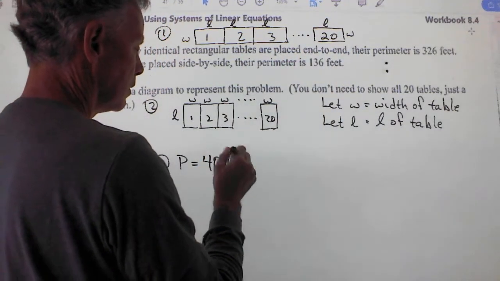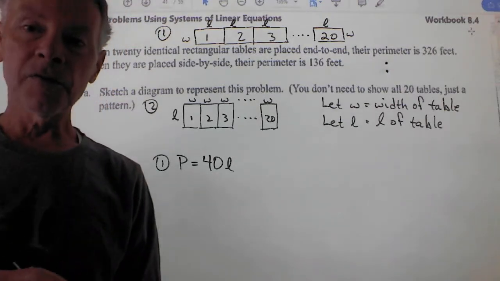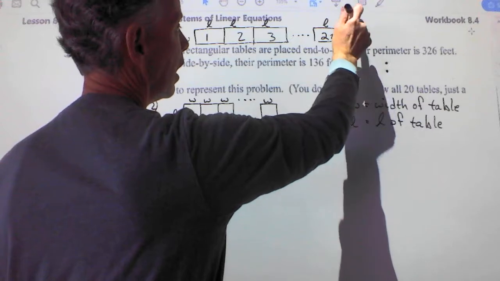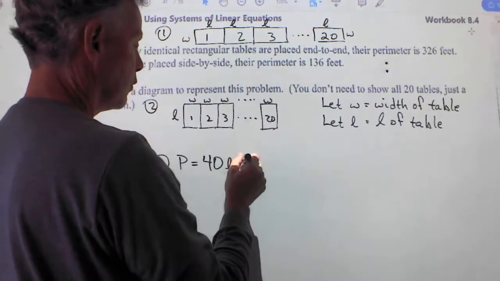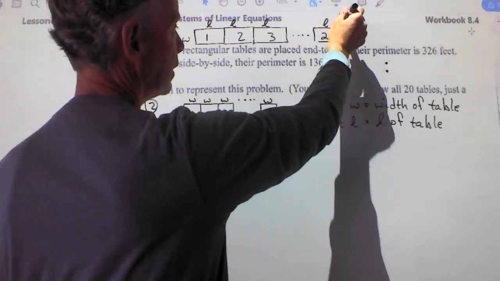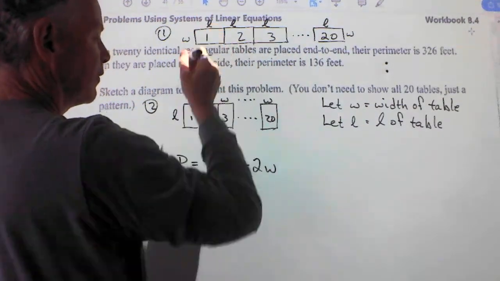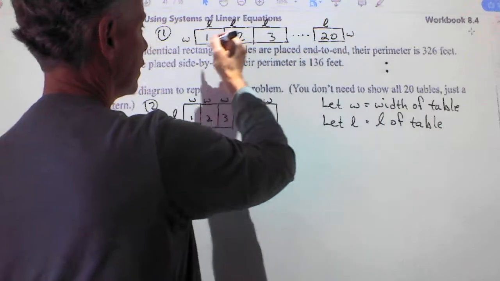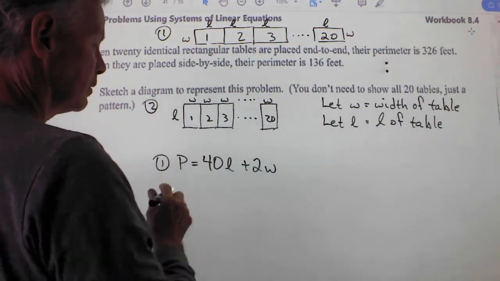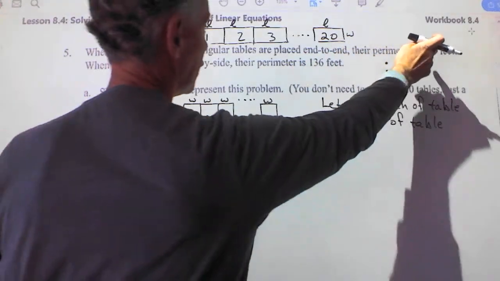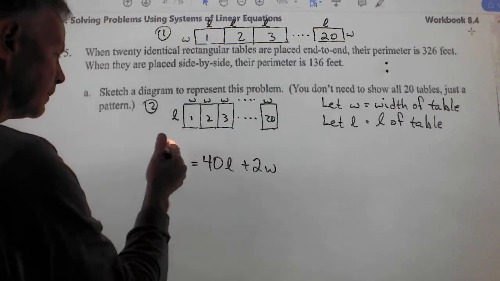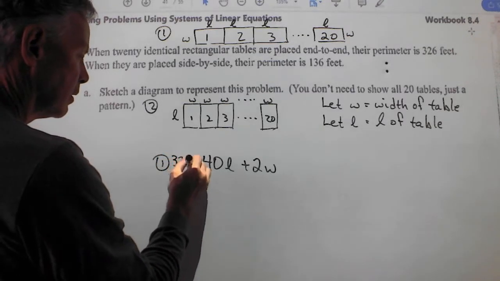So, we have 40 of those lengths. We have only 2 of the widths, right? So we have 20 lengths, another 20 lengths is 40. A width here and a width here gives us 2 widths. And our perimeter is 326 feet. So we can replace P with 326.